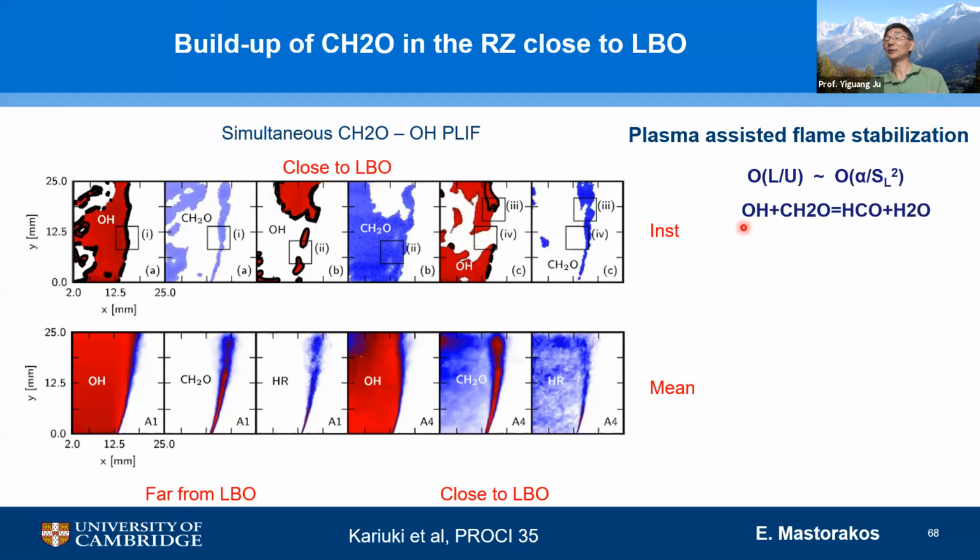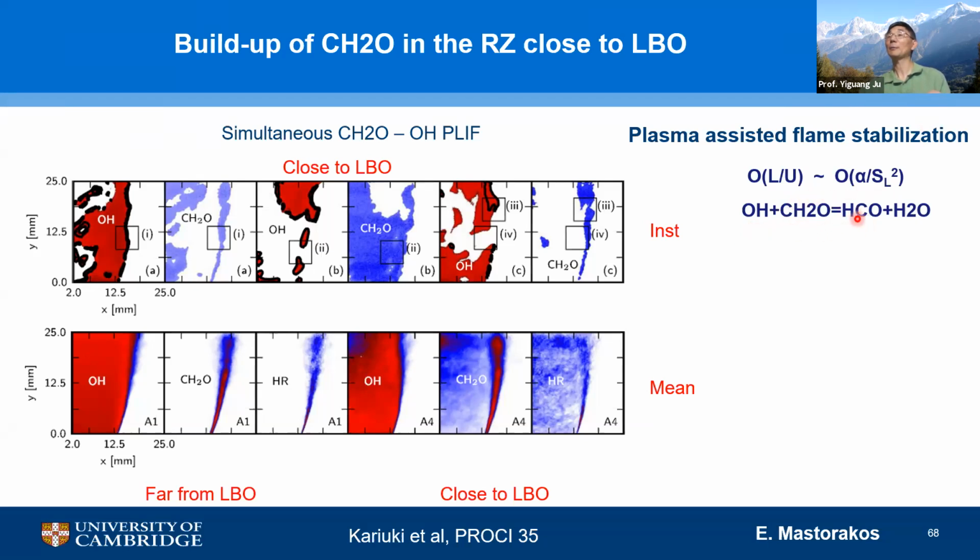hydrocarbon combustion is governed by these reactions. These reactions are not only important because they convert formaldehyde into HCO, and this is an exothermic reaction. They are also important reactions for OH production and oxidation.